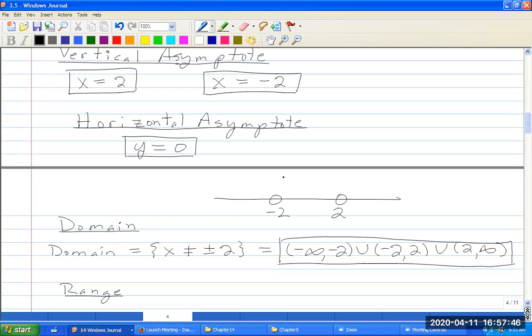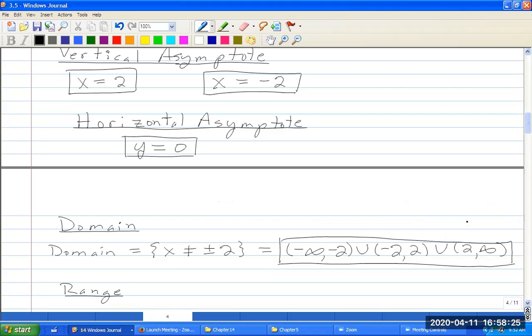That's right. So it's not -2 nor +2. Therefore, there are 3 intervals: this first interval, this second interval, and this third interval. Because if you remove 2 things from a line, you actually get 3 pieces. So it's always one more piece than what you take away. Thank you so much.